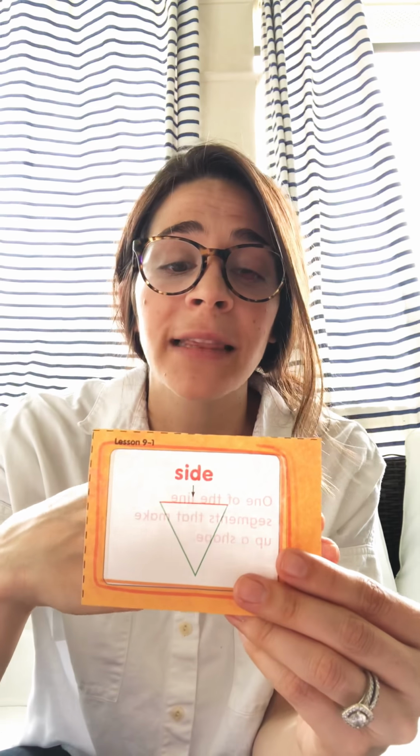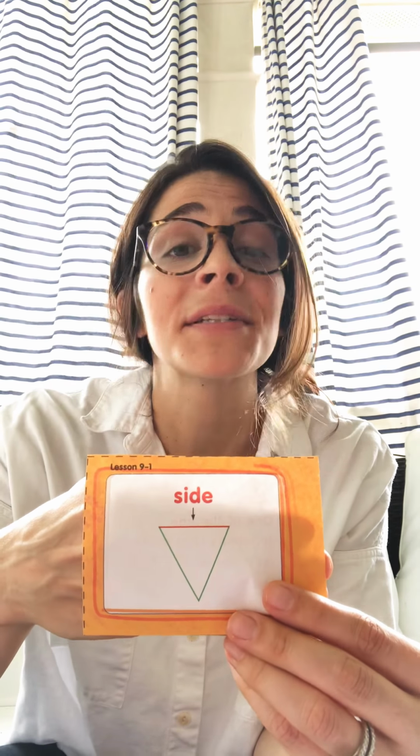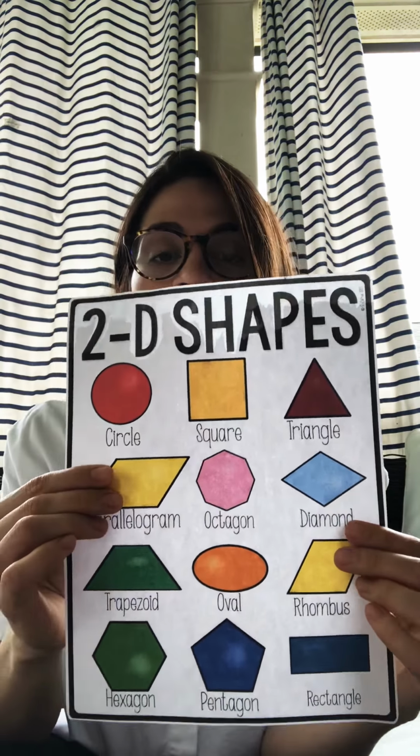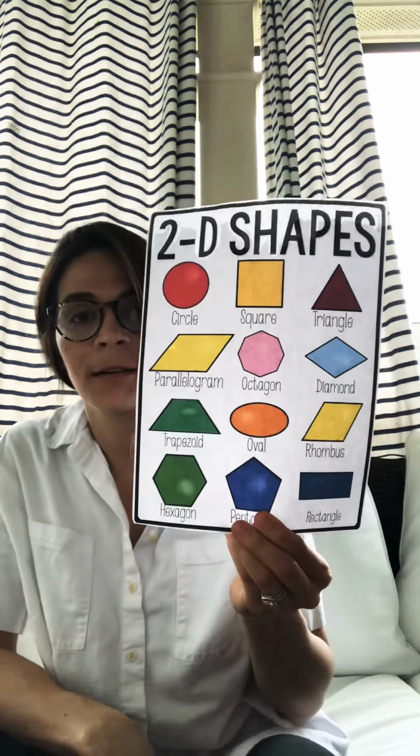And the sides are the line segments that make up that shape. So all those straight lines are called a side. Those are our 2D shapes. They're flat on the paper.